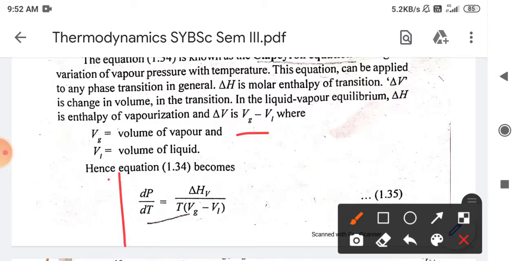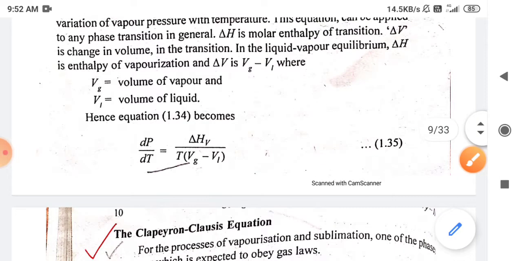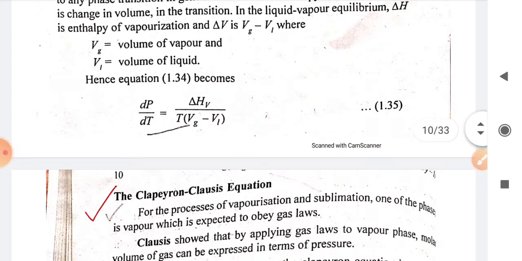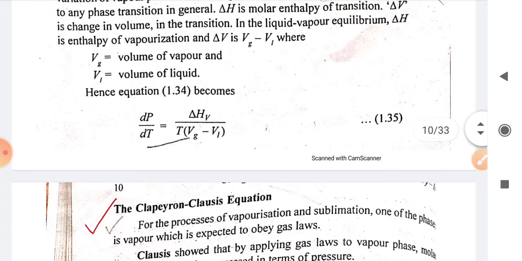So the new equation will be dP upon dT is equal to delta Hv upon T into Vg minus VL, that is volume of gas and volume of liquid. Okay, so that is the Clapeyron equation.